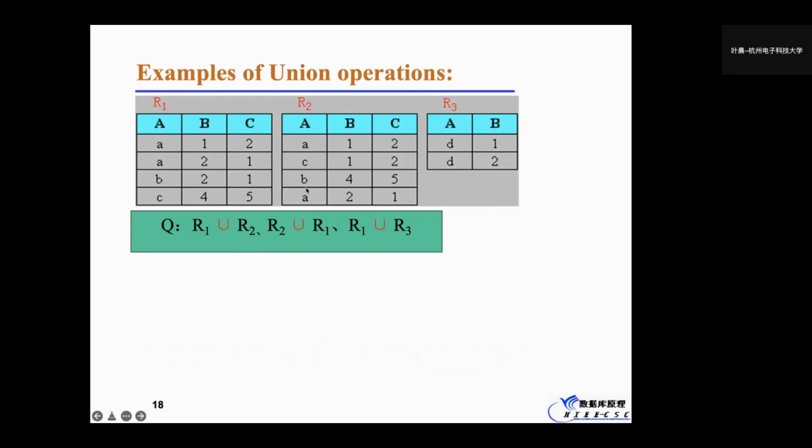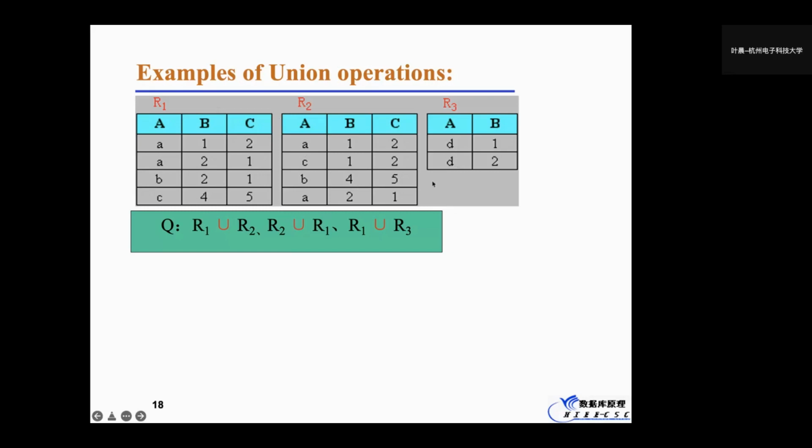So we can union these two relations, and for R2 union R1, it is the same. But if we want to union R1 and R3, we can see they have different attributes and their attributes have different domains, so we can't conduct a union operation on these two relations.